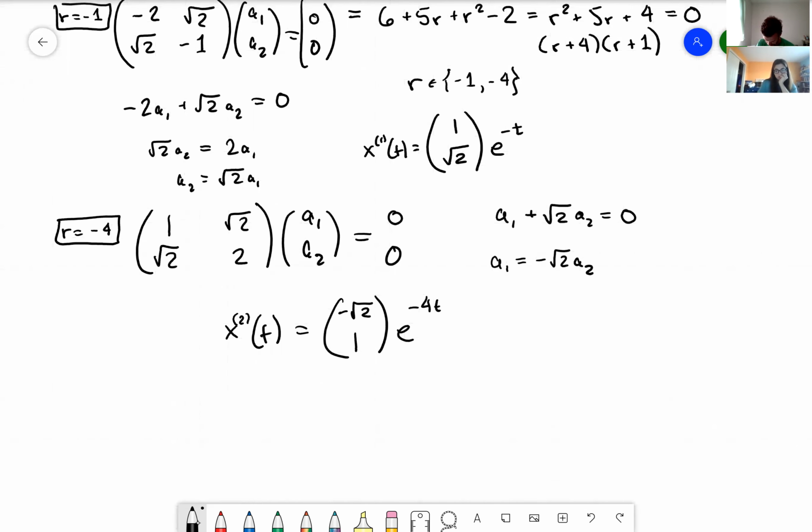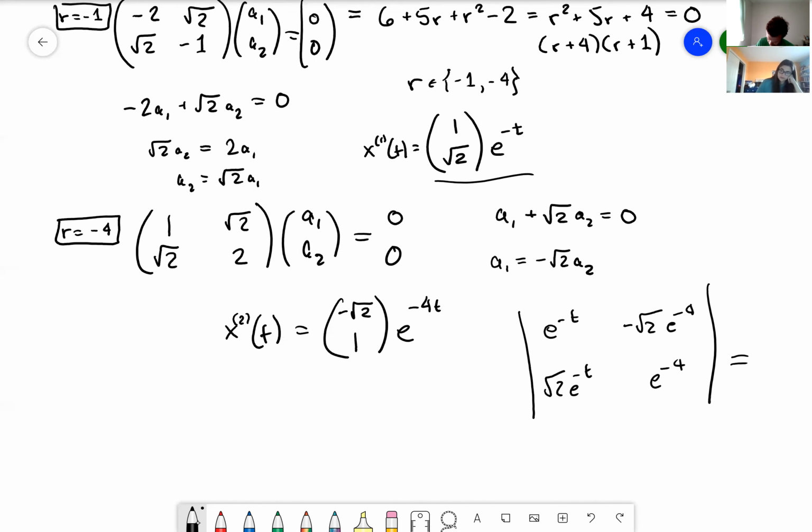Okay, and so I've run out of time for this, but what we might be interested in checking is the Wronskian. So if we do e to the minus t, square root of 2 e to the minus t, so that's our first solution as a column, and then negative square root of 2 e to the minus 4t, e to the minus 4t, and we compute the determinant of this. Is this equal to 0? Now there's a section in the book. Let's see. This is section 7.4.